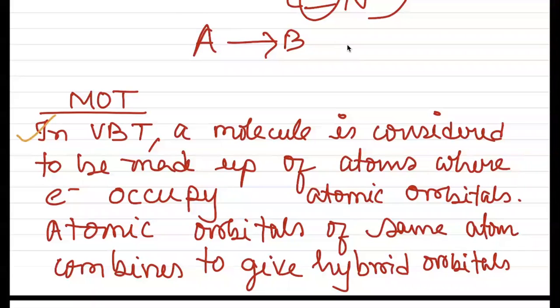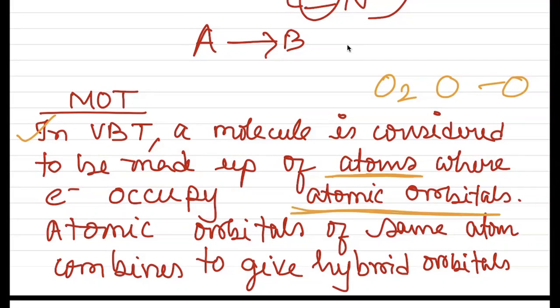In VBT, a molecule is considered to be made up of atoms where electrons occupy atomic orbitals. Like oxygen: to form an oxygen molecule, the two oxygen atoms are in their own orbitals, the atomic orbitals mix, and the oxygen molecule forms.